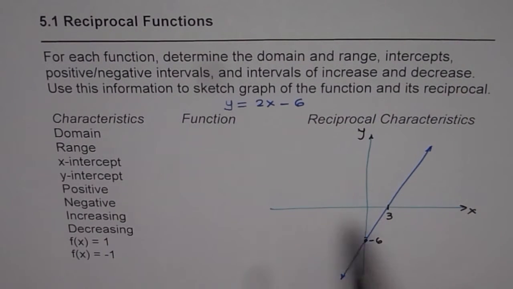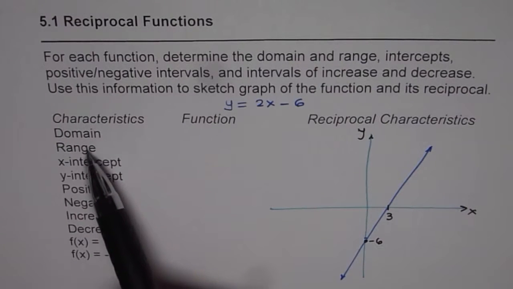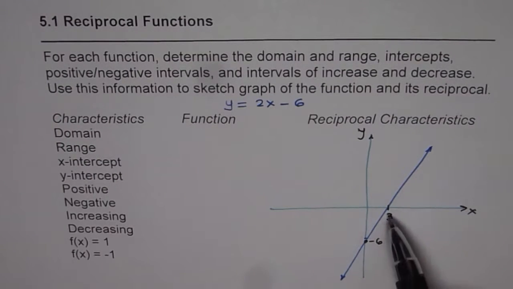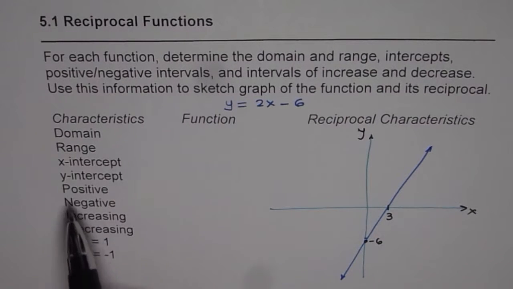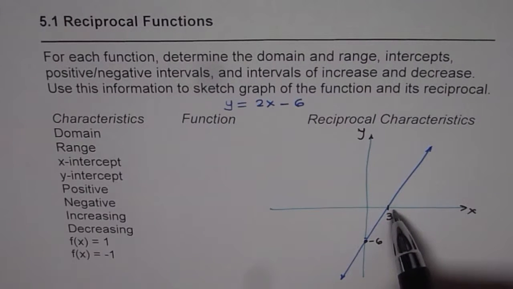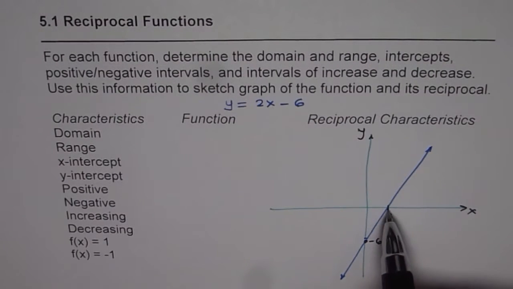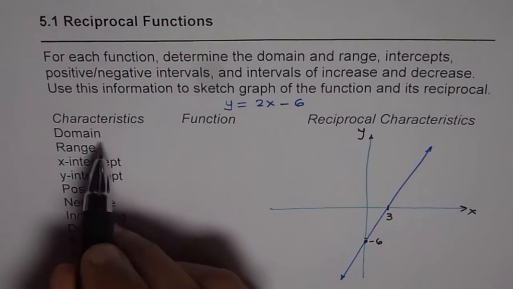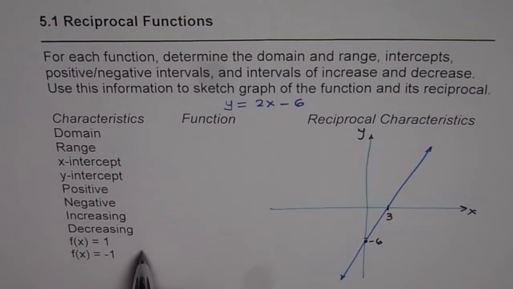Now we will study domain and range. For a line, all real numbers is the domain and range. The x-intercept we know in this case is 3, the y-intercept is minus 6, positive and negative. This line is positive after x equals 3. So let me write down the characteristics on the side.